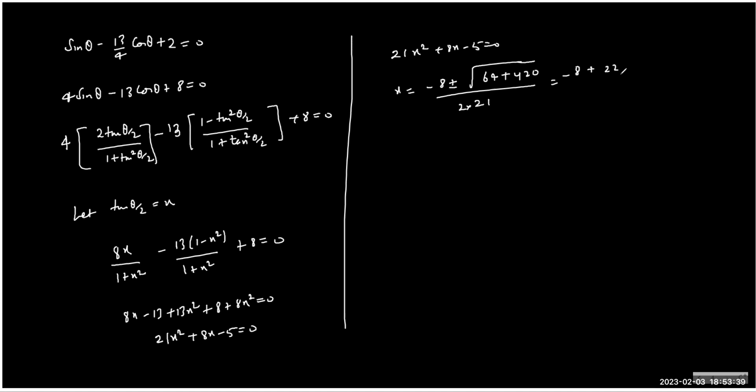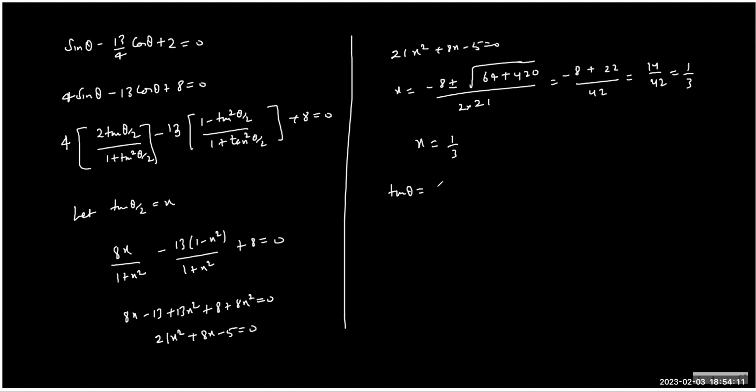The root. It's 22. Okay, that's correct. So this is 42. So 22 minus 8 is how much? 14. So x turns out to be 1 by 3.